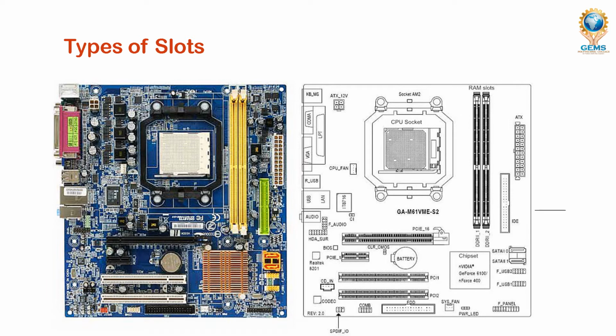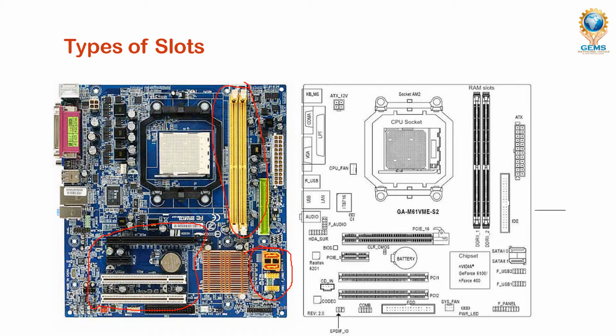In this picture, we are seeing a motherboard with so many slots. These are the slots for expansion cards, these are the slots for the RAM, and these are the slots for the SATA cables.